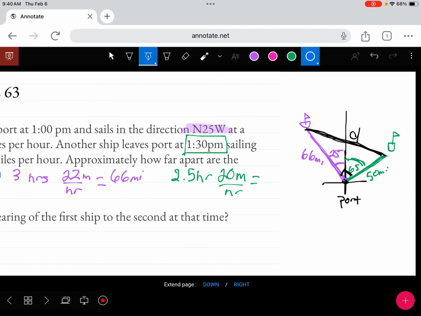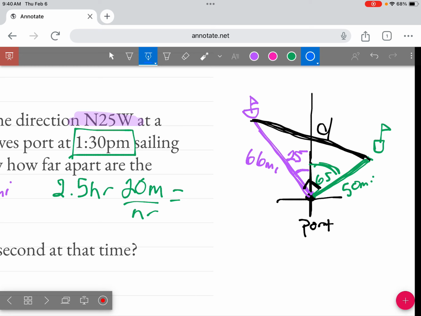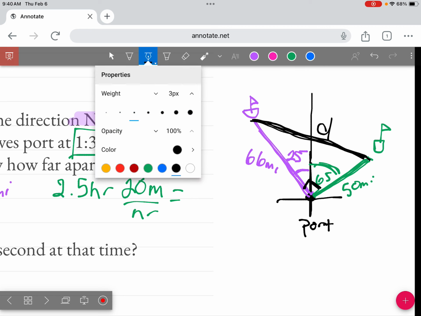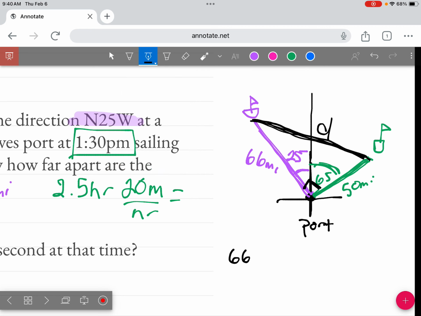Okay, so since we have a right triangle, we can use the Pythagorean theorem here to find that distance. So the distance between the boats we can get from 66 squared plus our 50 squared. Those are the two legs of our right triangle, and we want to know what the distance is.